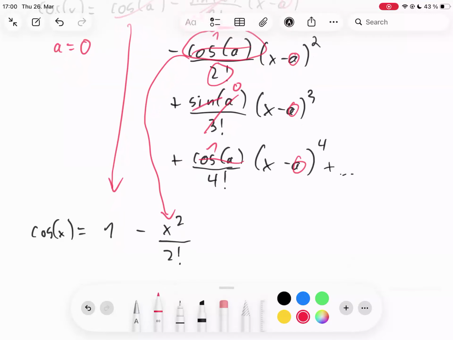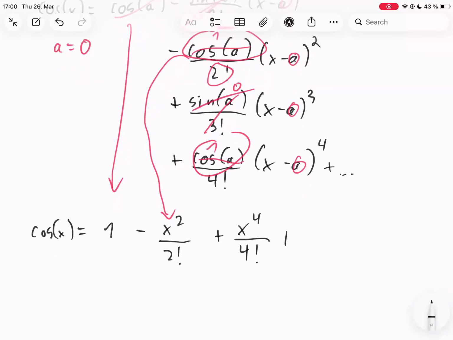And this one here is 0, but we then have the next one, which was this one here. So it's just in the right color, x to the power of 4 divided by 4 factorial plus dot, dot, dot.